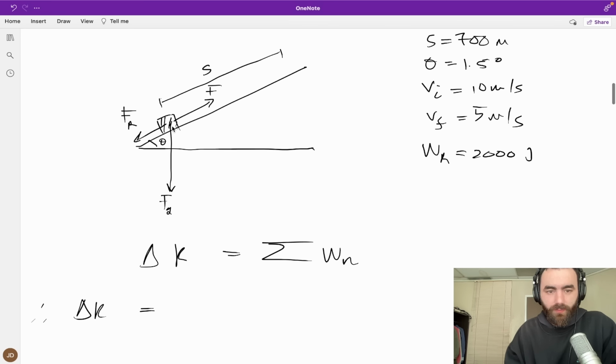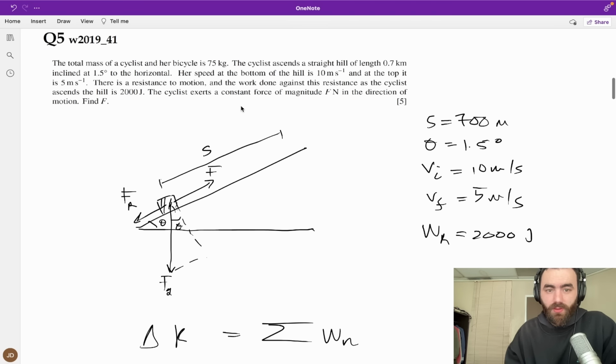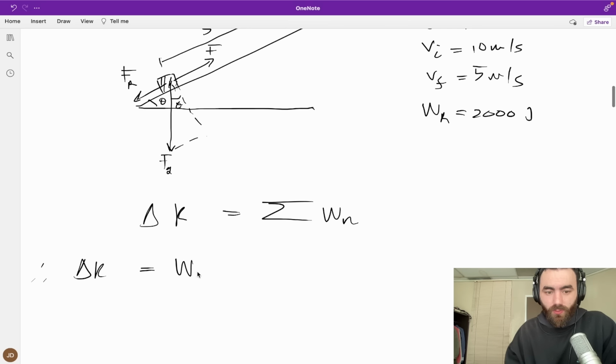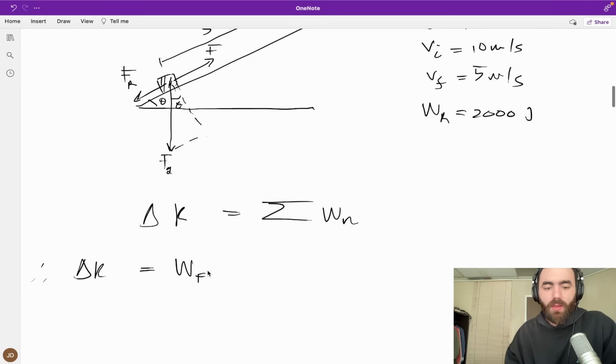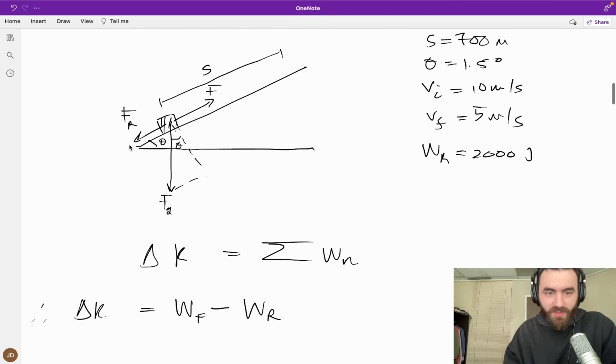Well, we have this force, the work done by her, we can call this the work done by F, and this is positive because this force is acting in the direction of the displacement. And then we have the force due to resistance, so the work done by the resistance force will be minus the work done by the resistance force, right? Because it's acting in the opposite direction to the displacement.